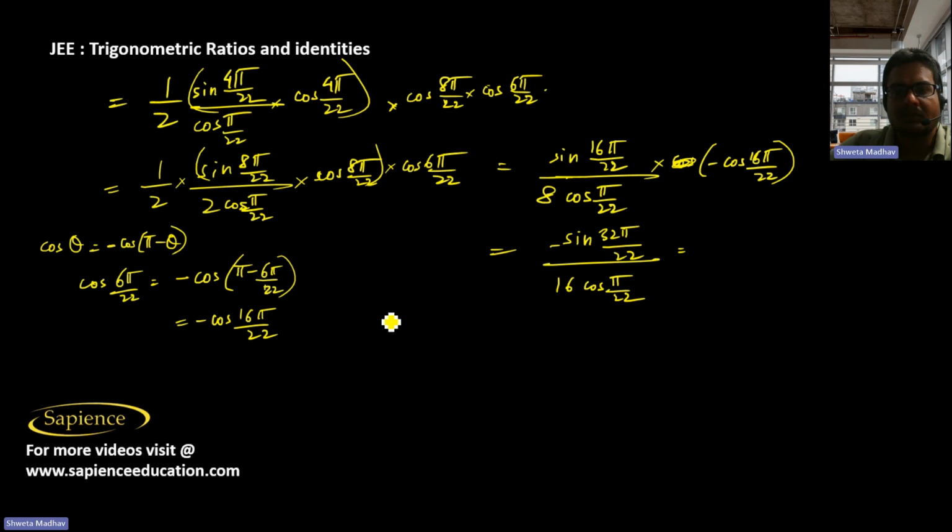So this is sine 32 pi by 22. This can be written as sine pi plus 10 pi by 22.